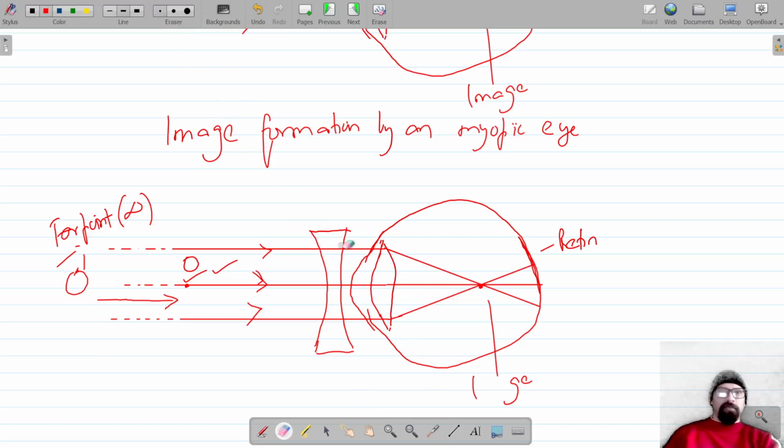This is where the refraction is happening. From here, the rays of light will be diverged outwards. And I'm going to make this lens a bit bigger.